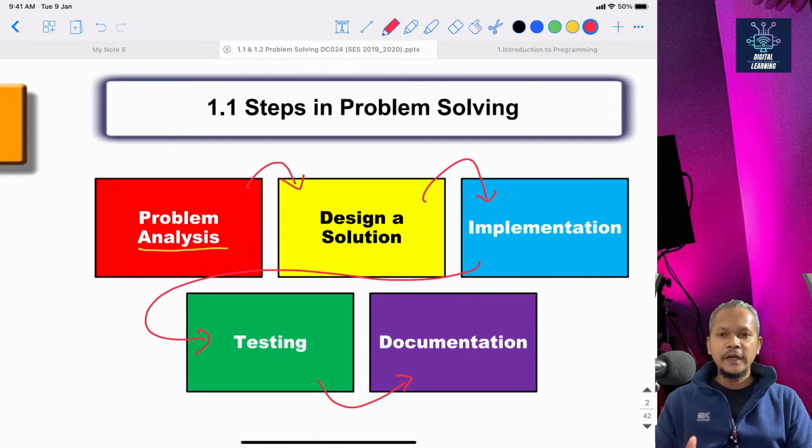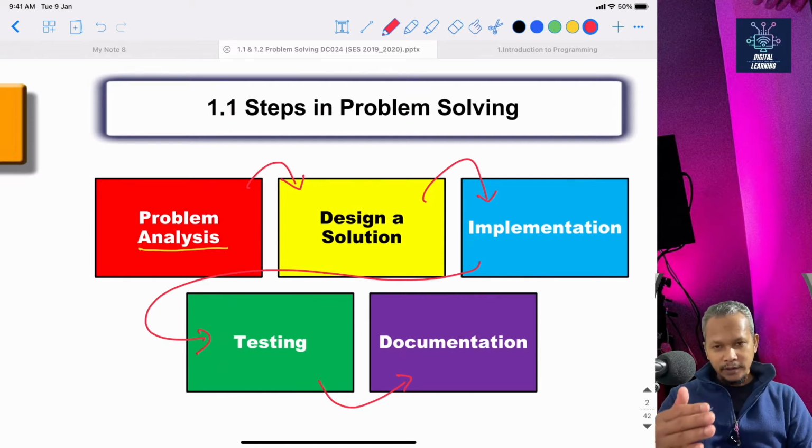So these are 5 steps. You cannot skip any of the steps, and you need to write them in sequence. If a question asks you to list the steps of problem solving, you need to list them out following the sequence. If you miss any one step, you will lose your mark.